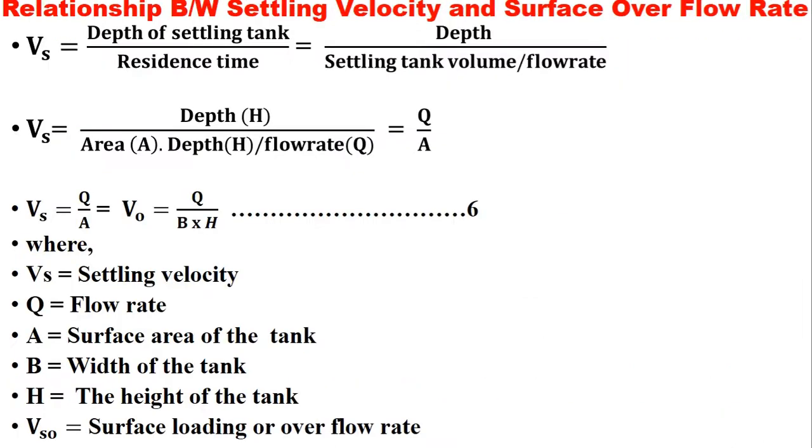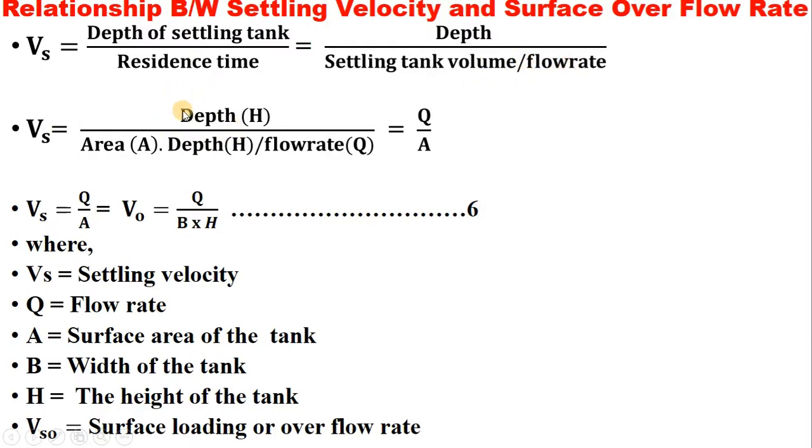So at this point, we look at the relationship between the settling velocity and the surface overflow rate. The settling velocity is equal to the depth of the settling tank divided by the residence time, which is equal to depth all over settling tank volume divided by the flow rate.